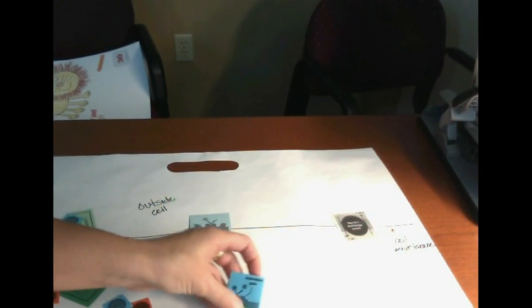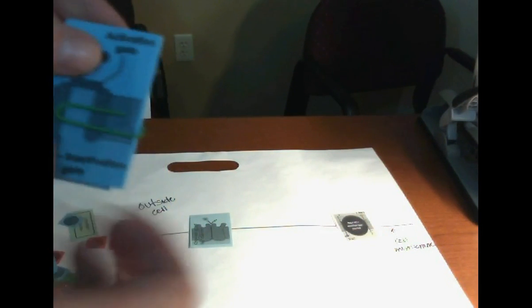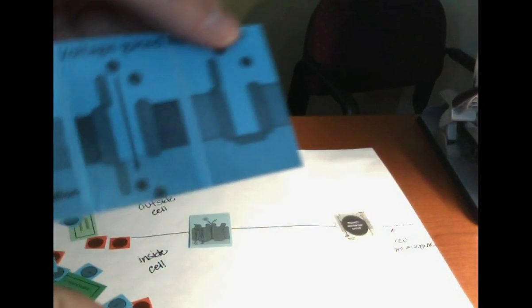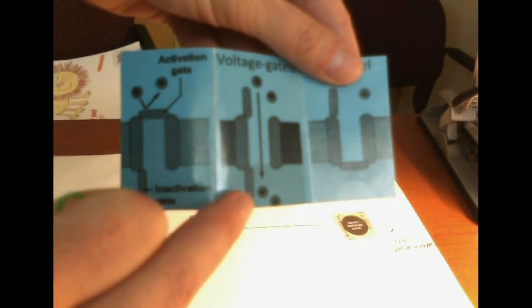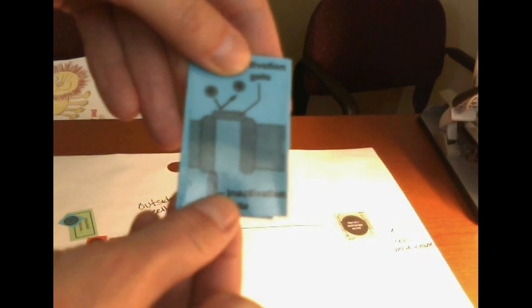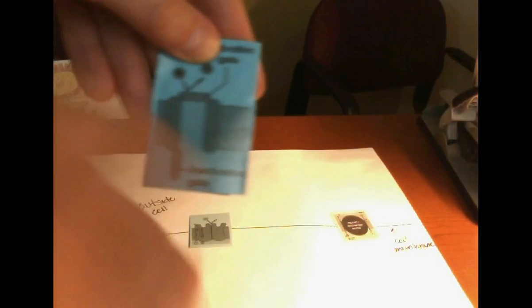Let's also put down, this right here is the voltage-gated sodium channel. And it's actually going to have 3 different sides to it. You notice here both gates are open. You notice here that the bottom gate is closed, the top is open. We want to start off where the top gate is closed, the bottom gate is open.